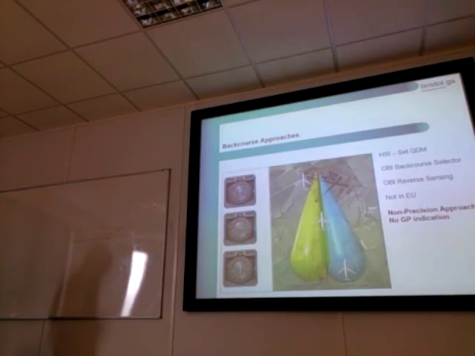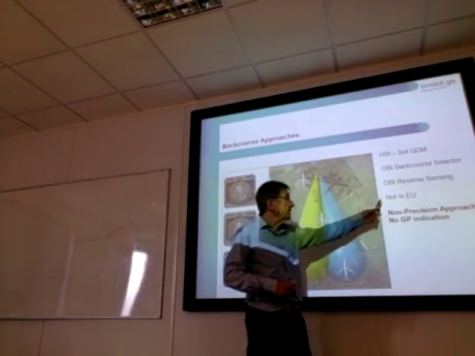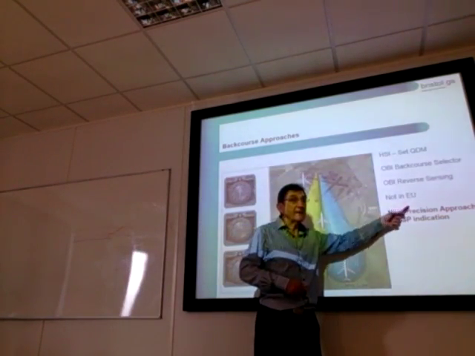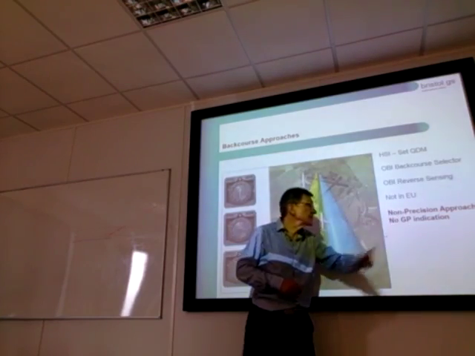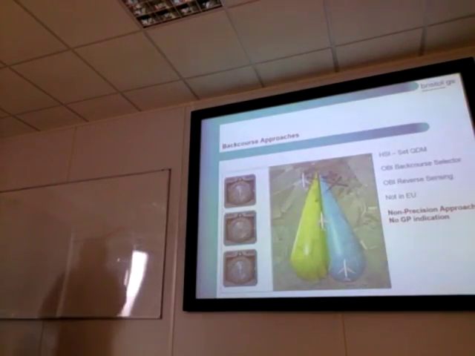There is such a thing as a back course ILS. They don't exist within the EU, so that's an important bit to grab there. They don't exist, so you're not required to know how to do one.